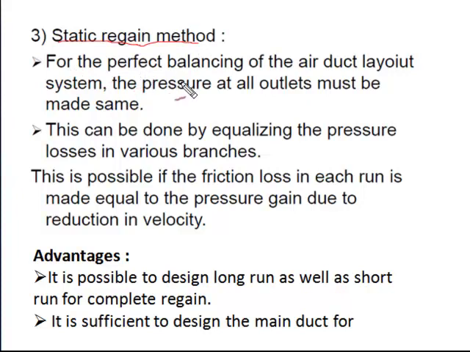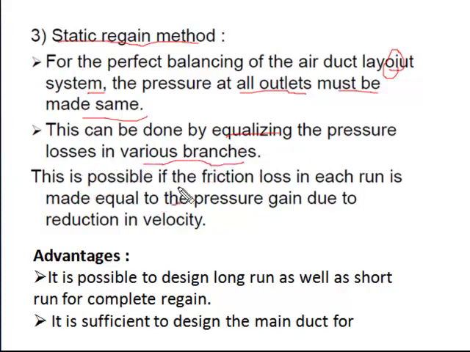This is the third method to design the duct, the static regain method. For perfect balancing of the duct layout system, the pressure at all outlets must be made the same. This can be done by equalizing the pressure loss in various branches.